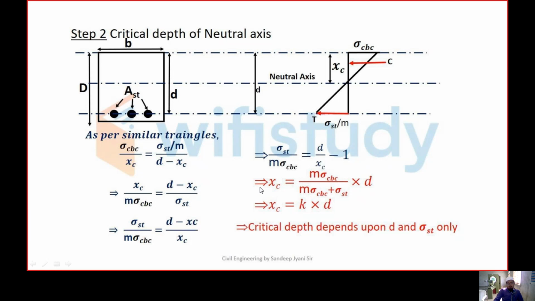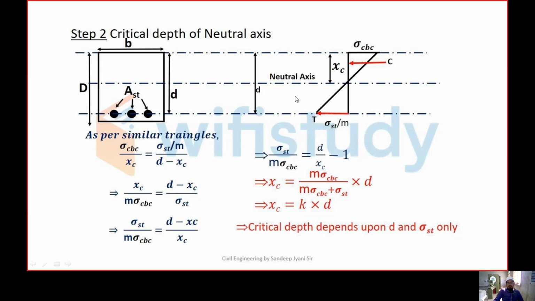Likewise, we have known the XC, the depth of critical neutral axis, and the remaining depth. All these factors have been known to us, then we can adopt the similar triangles property.